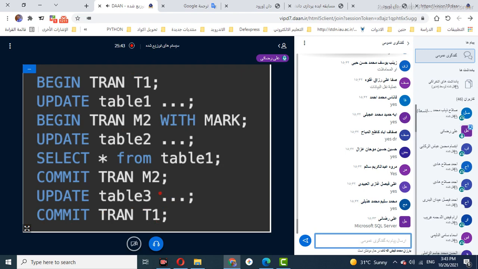Here we have two transactions. This transaction is nested within this bigger transaction. This is an actual SQL Server transaction.